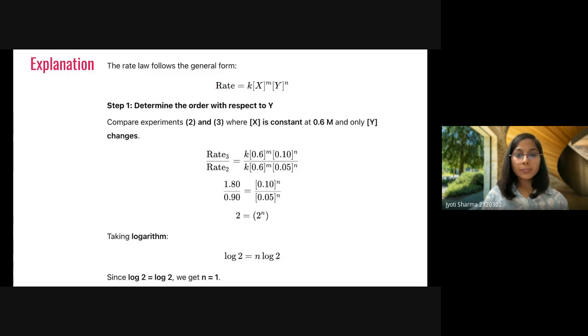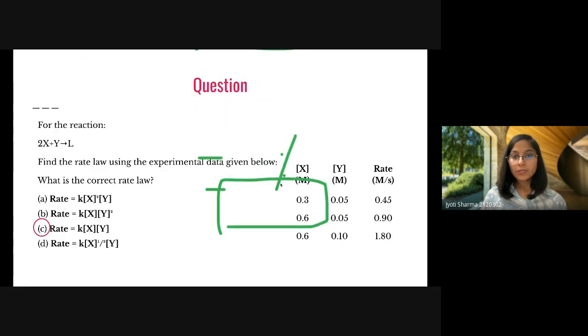Firstly, we know this is our equation: rate is equal to k x y, with x and y raised to power m and n. If we are doing r3 upon r2, here the x value is constant, so this is 0.6 and this is 0.6, so this will cancel out. Here the value is changed, 0.10 raised to power n and 0.05 raised to power n, and the rate is also given.